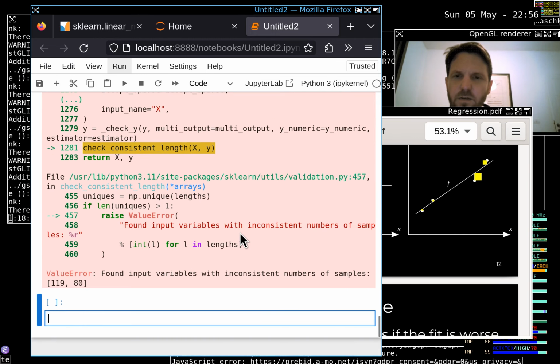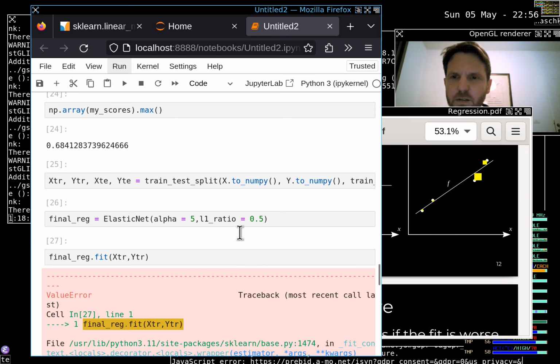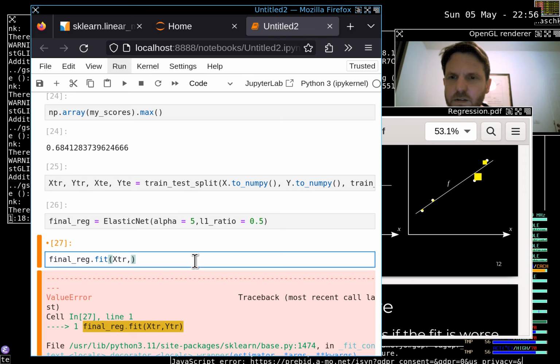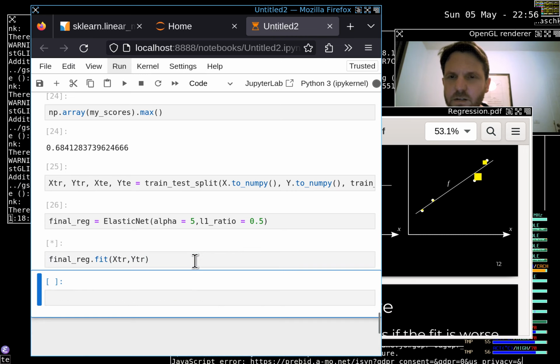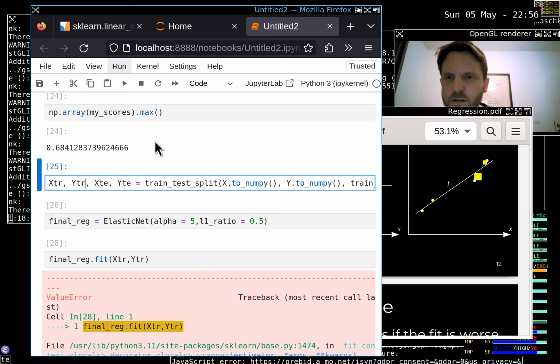And what went wrong here? I guess this is here basically X-train.